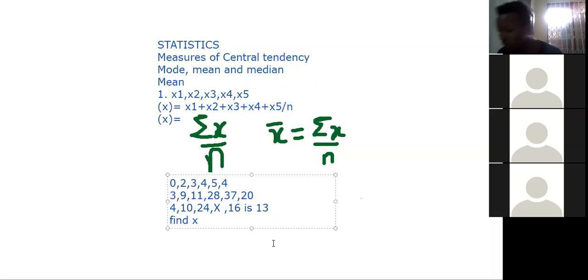The average age of a class of 20 students is 15 years. And the average age of another class of 30 students is 20 years.